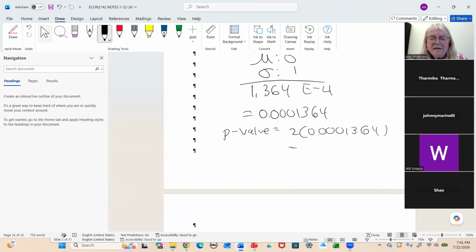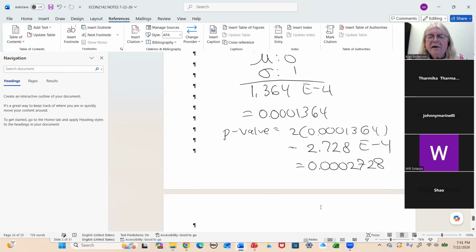2 point, it's still scientific notation. Now, clearly, that's way below alpha.